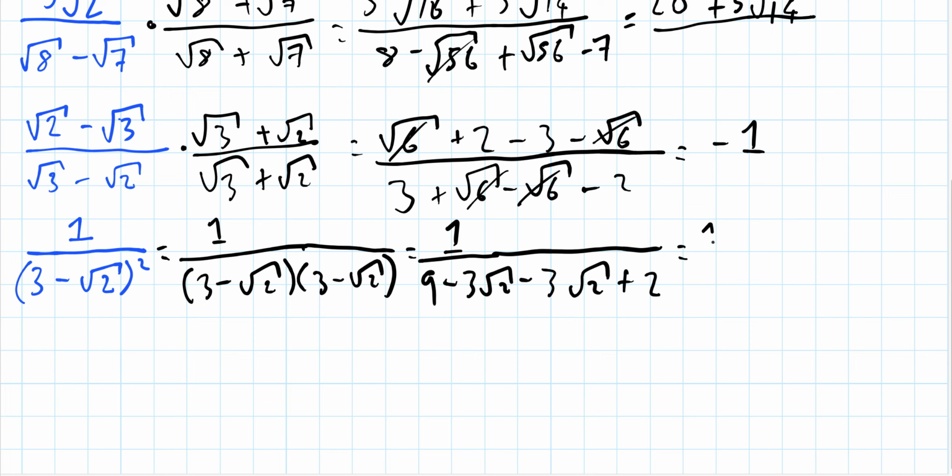That will equate to 1 over 9 and 2 is 11, minus 3 is minus 6 square root 2.